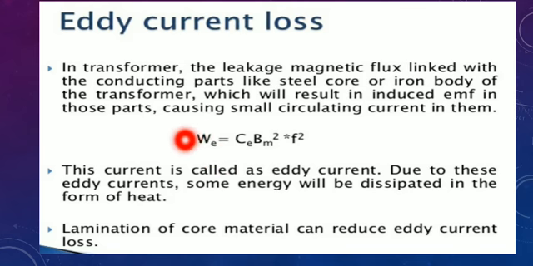The leakage eddy current loss is denoted by WE, which is proportional to the square of the magnetic field and the square of the frequency, f squared.